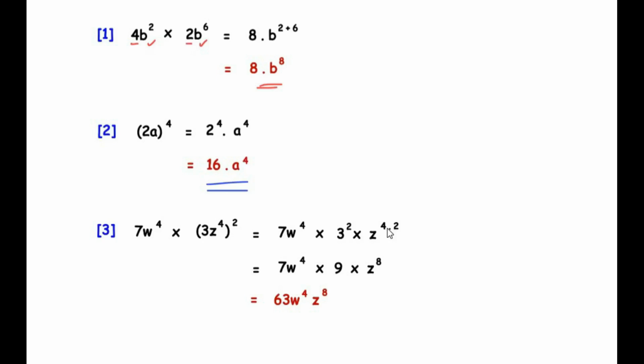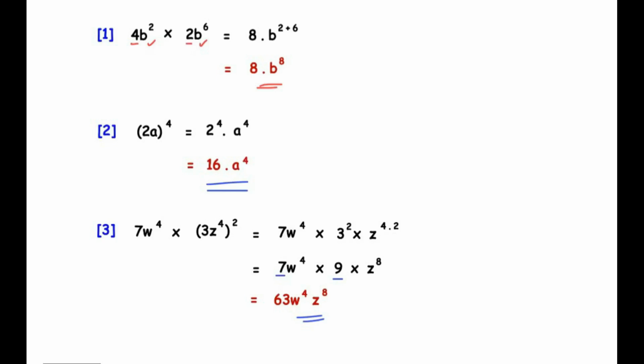Here we have used the power multiplication rule. So simplifying we get 7 times w to the power of 4 times 3 square is 9 times z to the power of 4 times 2 is 8. Now let us multiply the numbers, that is 7 and 9 multiplied together give us 63 times w to the power of 4 times z to the power of 8. So this is going to be our answer.